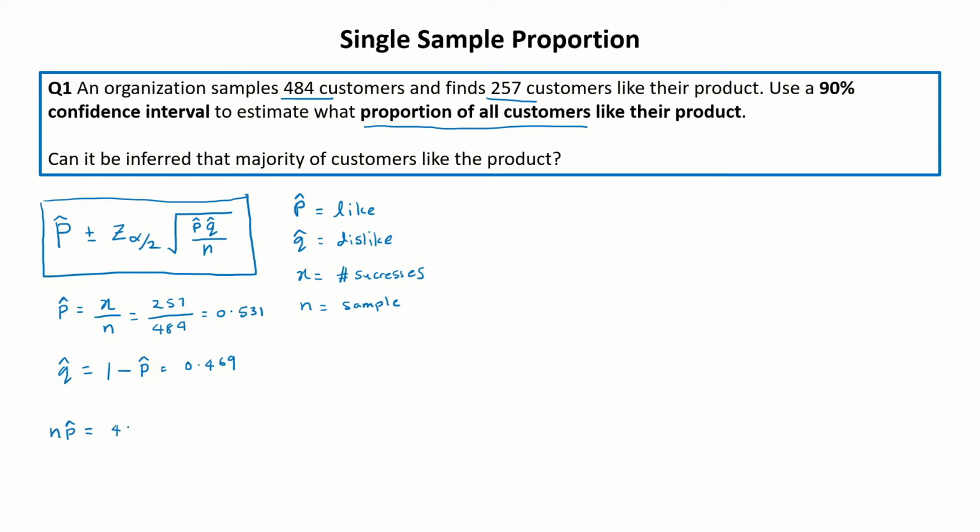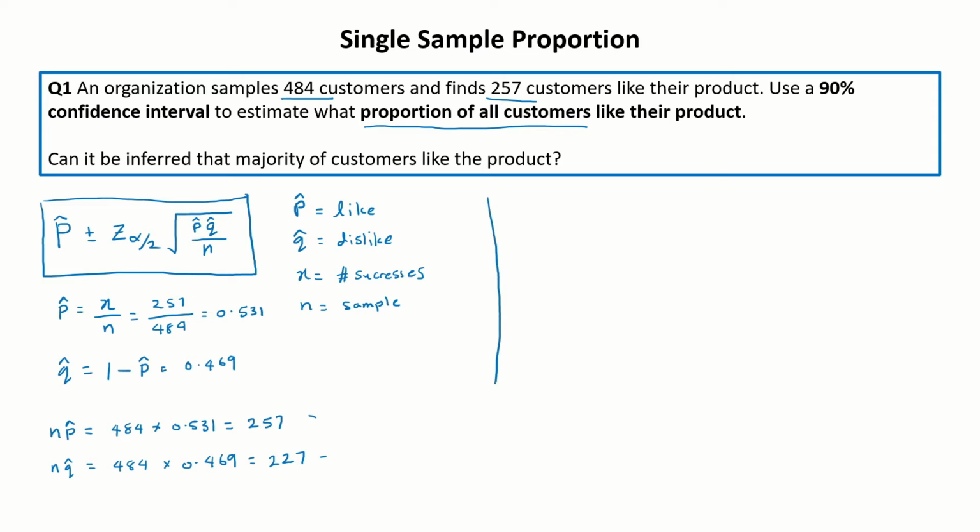So that would be 484 times 0.531, and I would get 257 as stated in the question, and the number of customers that dislike the product from this sample would be 484 times 0.469, which would be 227. And if we add the two numbers together, we should come back to the original sample size, which is 484.